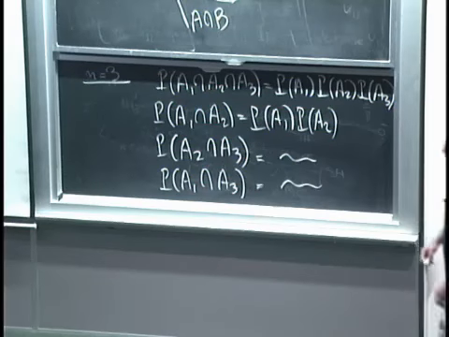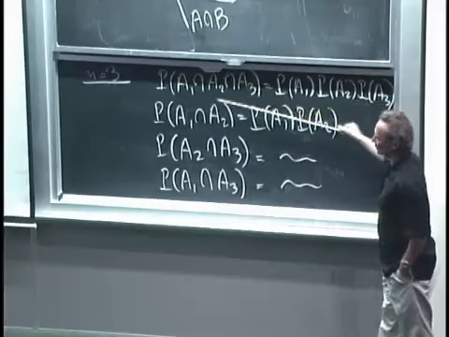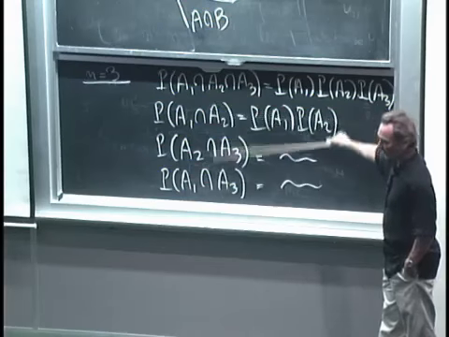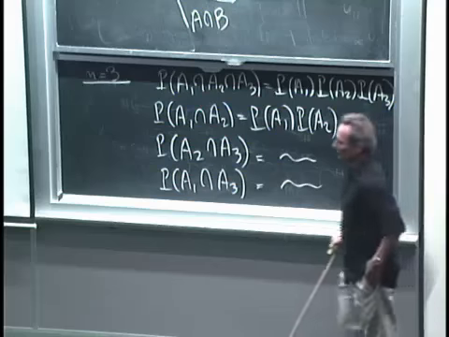Okay, so independence, mathematical definition, requires that calculating probabilities of any intersection of the events we have in our hands can be done by just multiplying individual probabilities.